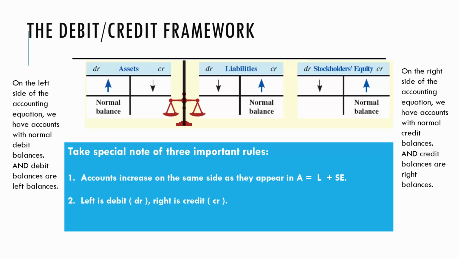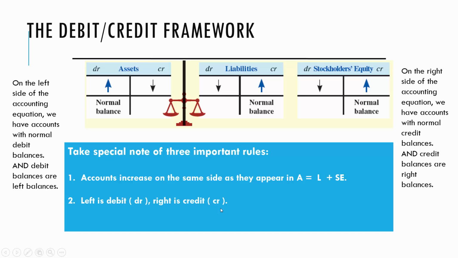Now I've thought about different ways for us to memorize this, and I like mnemonics, so I think of "direct current." Now you can think of it in other ways. It's not alphabetical, because C is before D, so credit would be before debit, and that's not the case at all. It's rather in reverse. And the other thing to think about here is that debit is sometimes abbreviated DR, and credit is sometimes abbreviated CR.